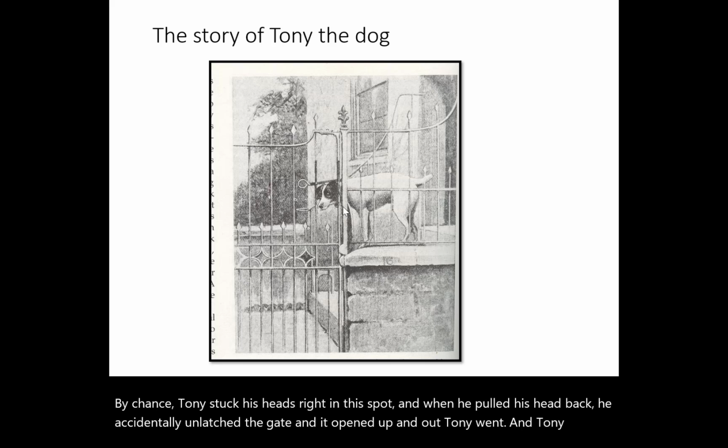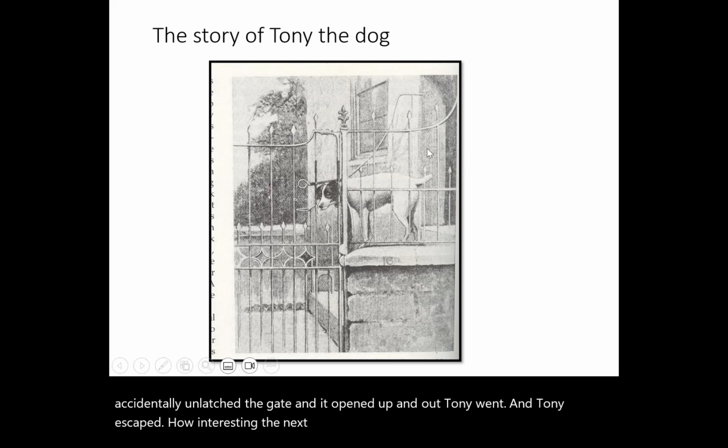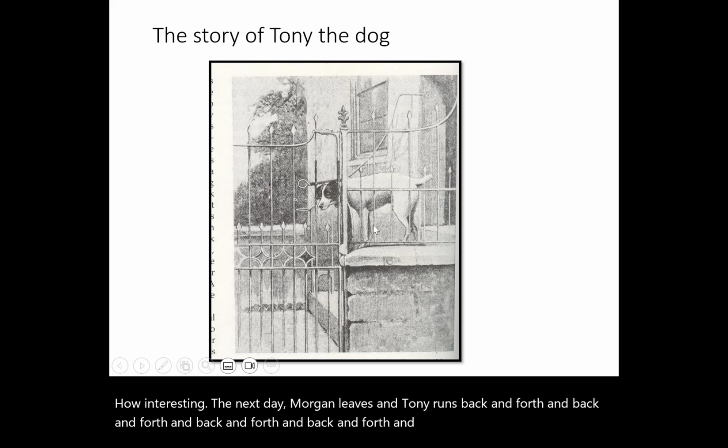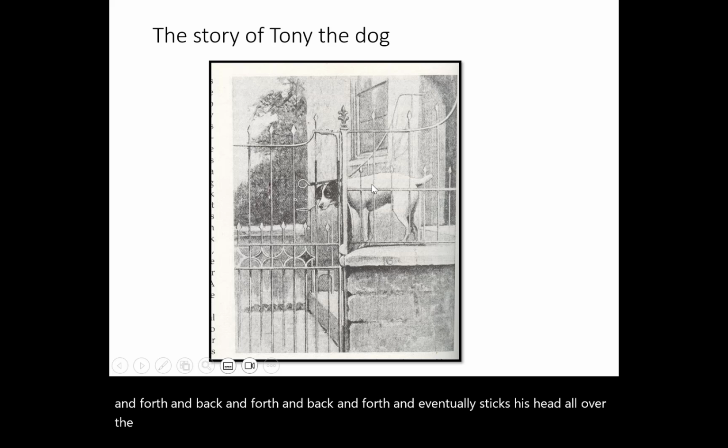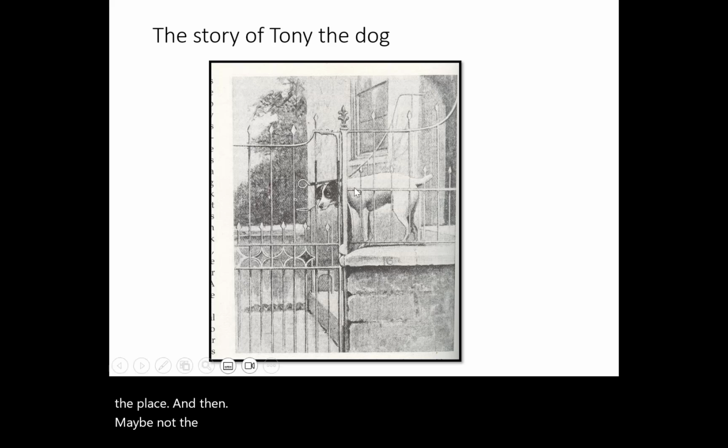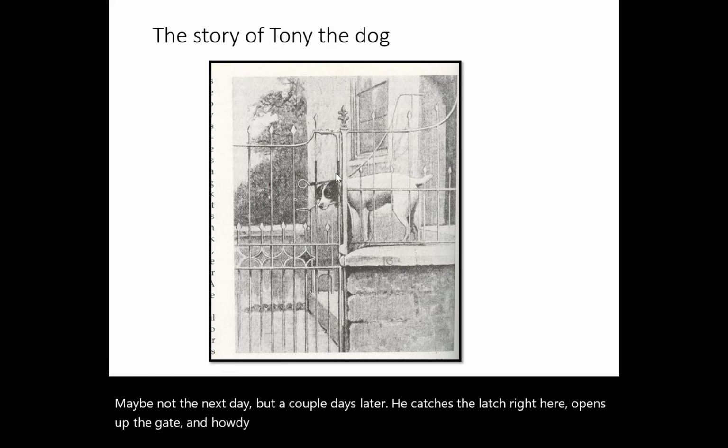How interesting. The next day, Morgan leaves, and Tony runs back and forth and back and forth, and eventually sticks his head all over the place, and then maybe not the next day, but a couple days later, he catches the latch right here, opens up the gate, and out he runs. He's so happy.